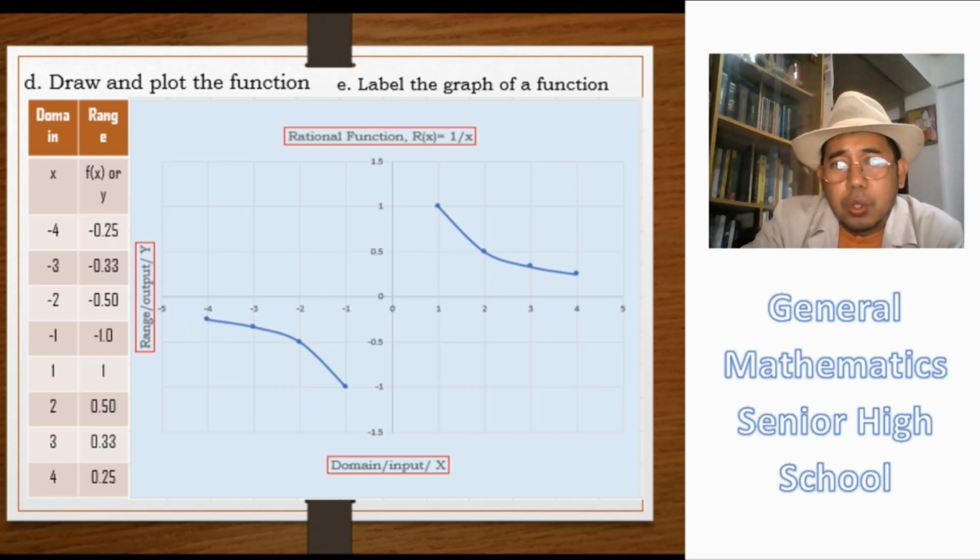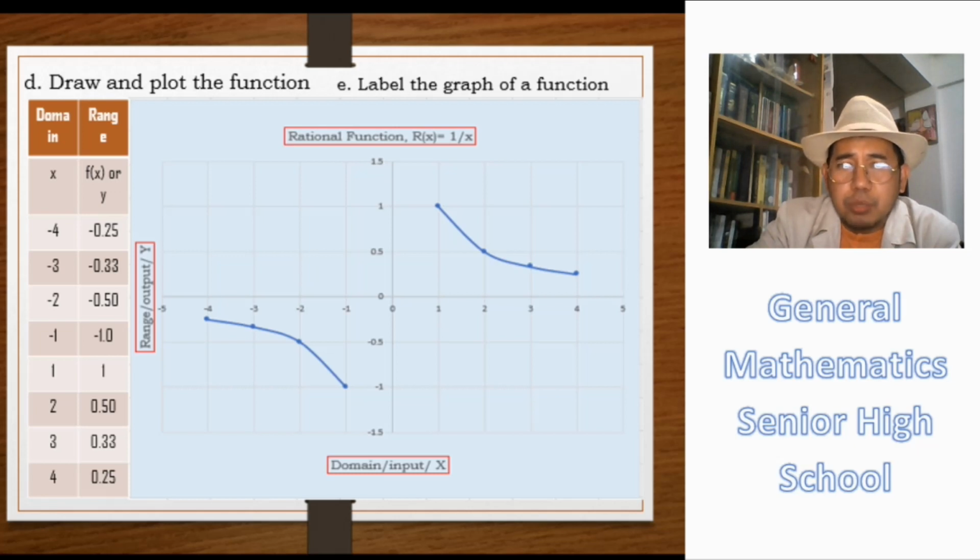So I have in here the negative 4. Now this point is located in here, at negative 0.25. What about if I have negative 3?